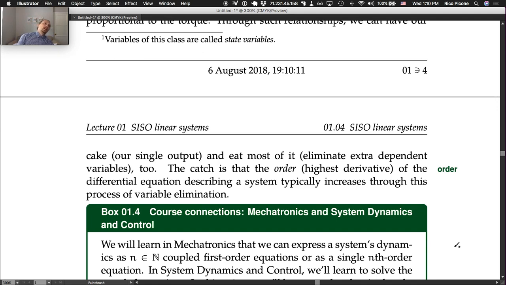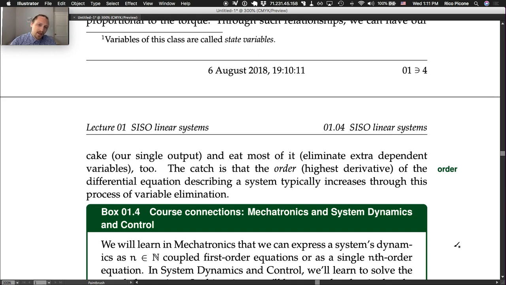So maybe you have V and I and theta and the torque, and then you say, okay, I'm going to whittle it down to just one output. So instead of 4, maybe we go down to 1. With just one, what you're going to have done, though, is actually increase the order of the differential equation.